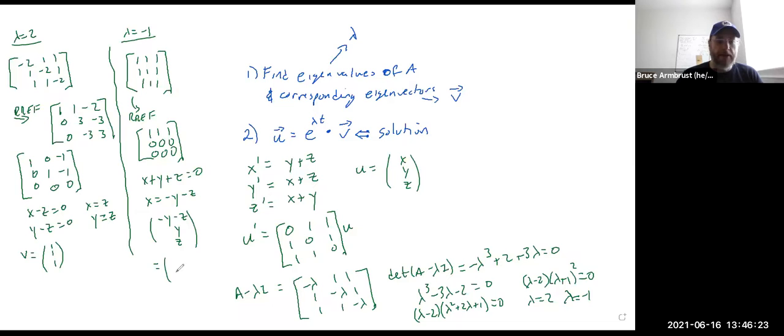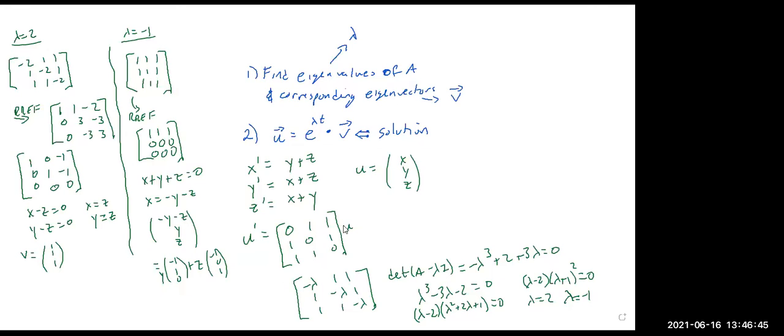And I can split this apart into the pieces with y and the pieces with z. I'm hoping there's a little bit of familiarity there, that you remember doing this when you did eigenvalues. Yeah, and there's only one pivot.